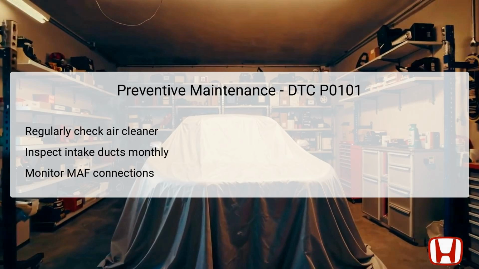Keeping an eye on electrical connections to the MAF sensor and the PCM can preemptively identify potential issues before they escalate into larger problems. By implementing these maintenance measures, vehicle owners can enhance engine performance and prolong the lifespan of both the MAF sensor and the engine. Proactive care can ultimately lead to better fuel efficiency and reduced emissions.